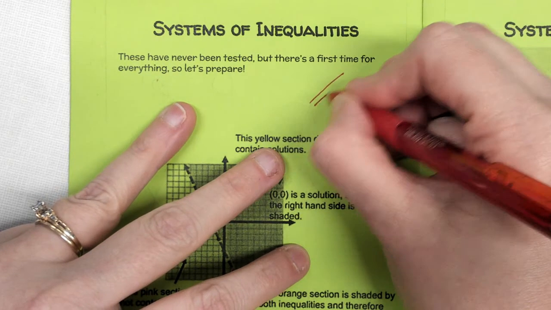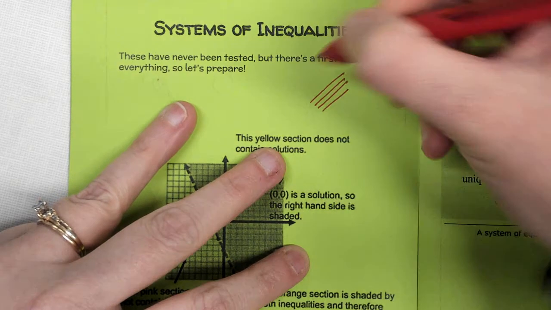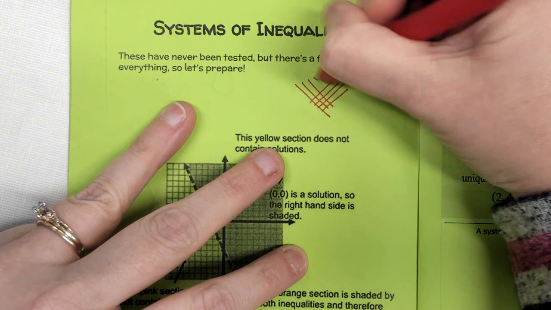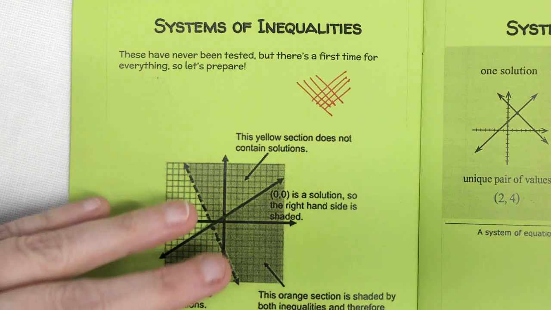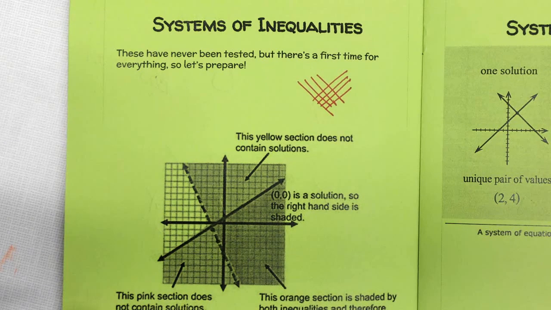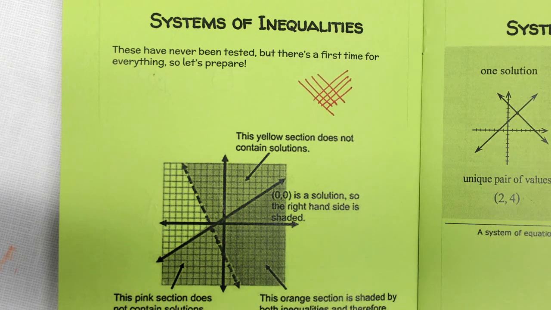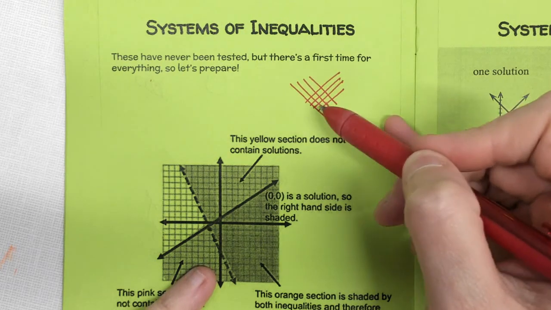Those of you who are in art know what cross-hatching is. Cross-hatching is where you trace one way, and then the other one a different way, and where they make X's, that's it. That's where the cross-hatched area is, the place where they cross.